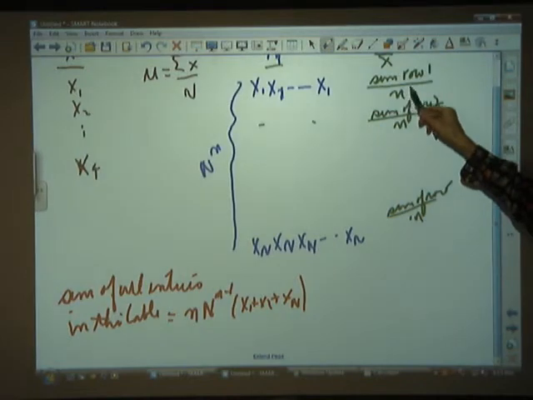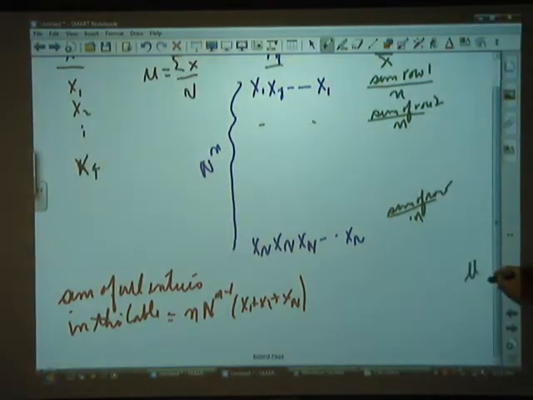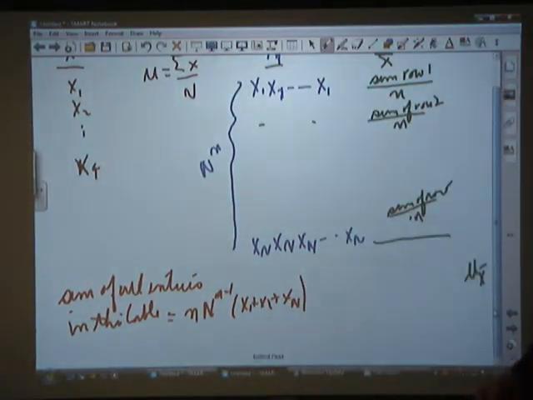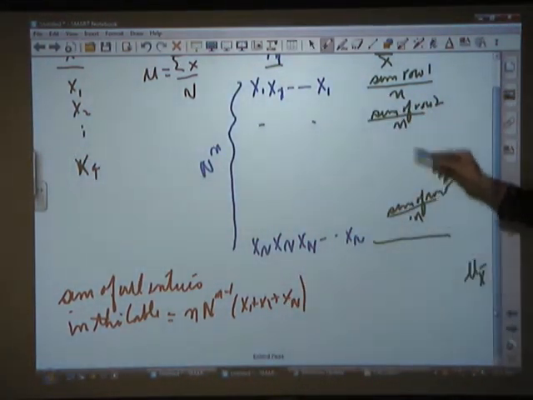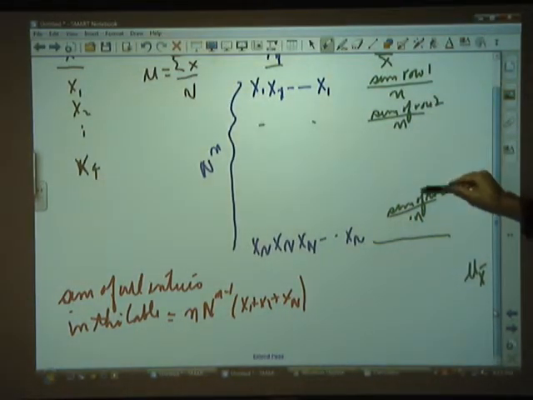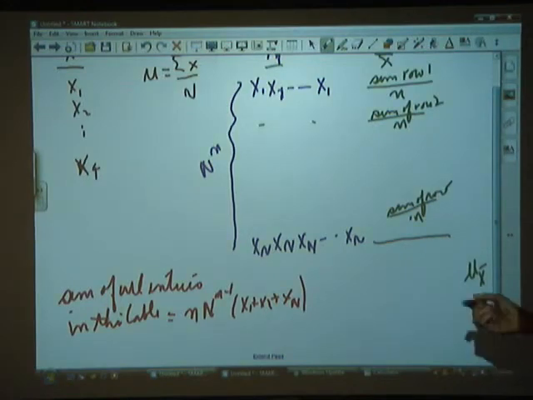If we want to find the mean of the means, then we have to sum this column and divide by the number of samples that we have. Well, the sum of this column is the sum of row 1 divided by n, the sum of row 2 divided by n, the sum of row 3 divided by n.